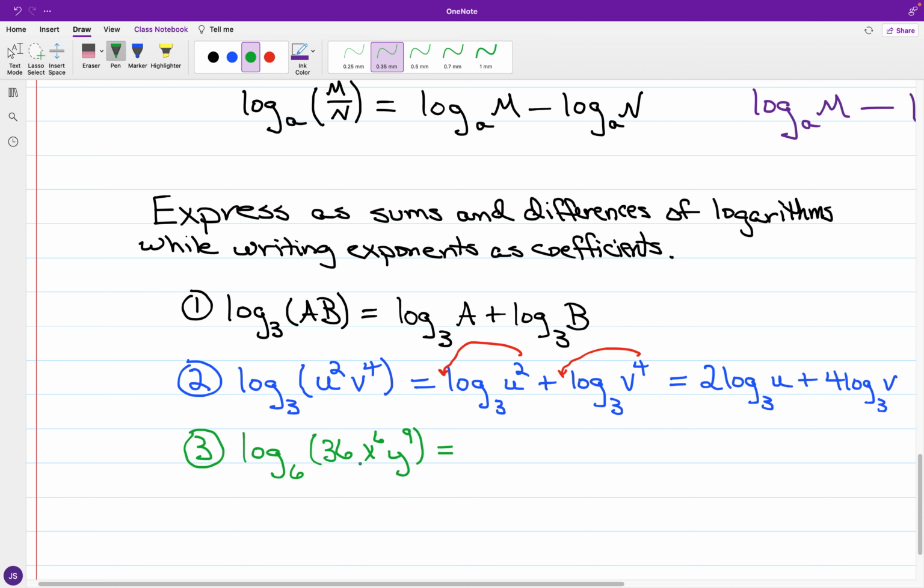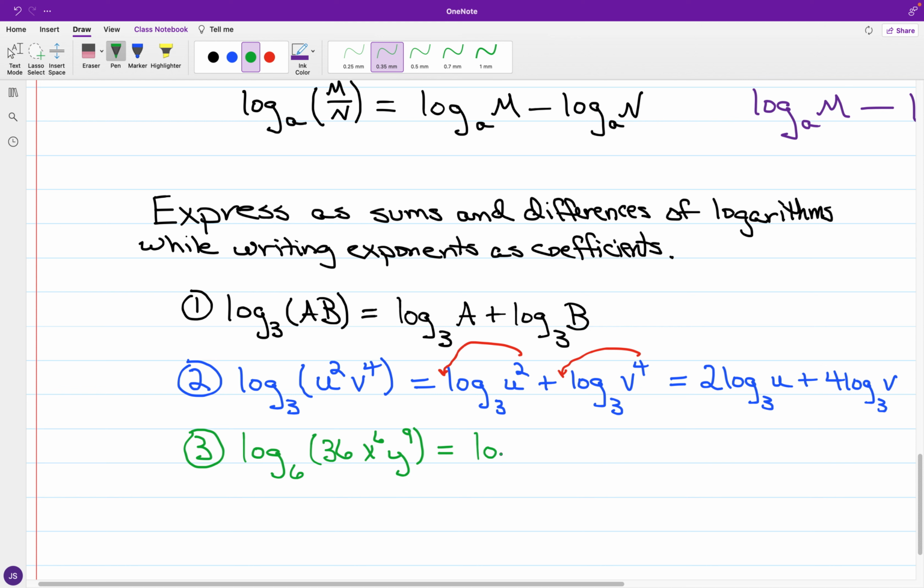So we're sort of expanding the model. Instead of having 2 factors inside, we now have 3. You've got 36 as the first, x to the 6th as the second factor, and y to the 9th as the third. And again, we have multiplication among the factors.